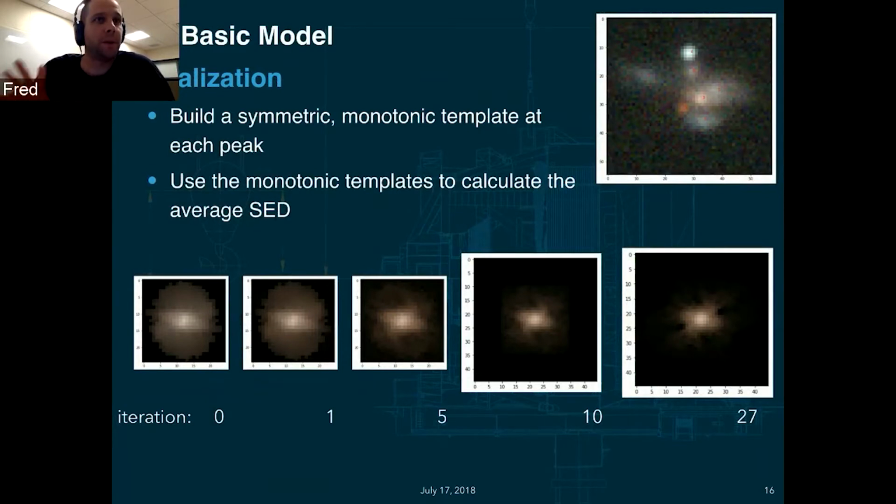Once we use that template, we take that template for the source, apply it to the image, and that gives us our initial guess at the SED. For example, this peak 3 in this image here, you can see it along the bottom. The image on the left is the initial guess, and on the right is what it came to after 27 iterations.